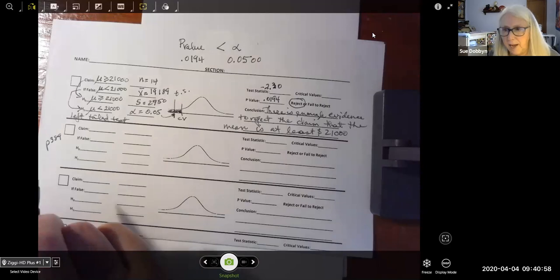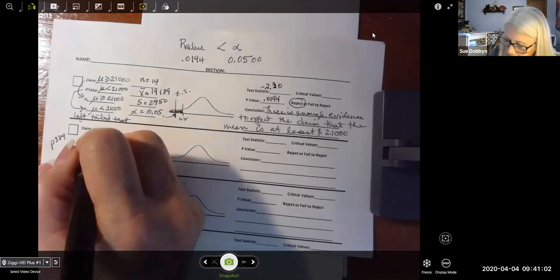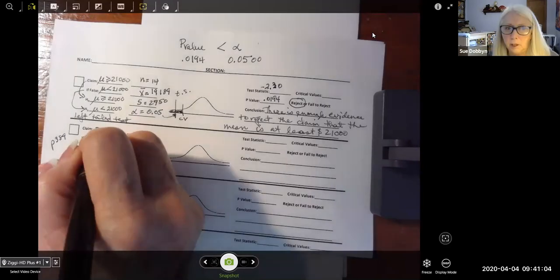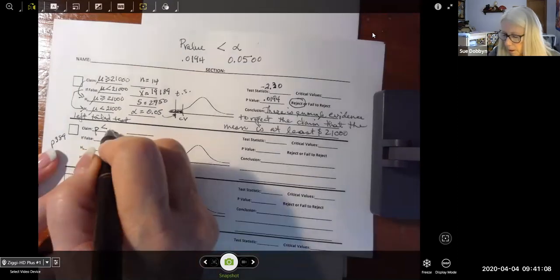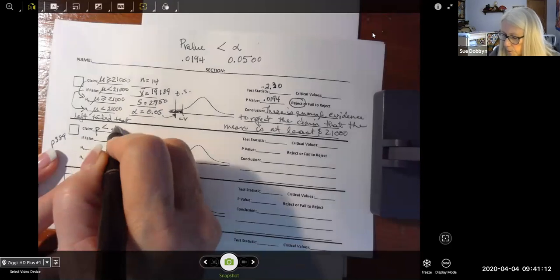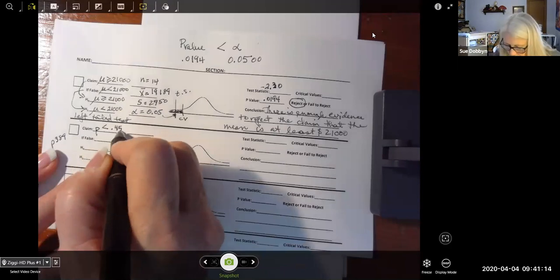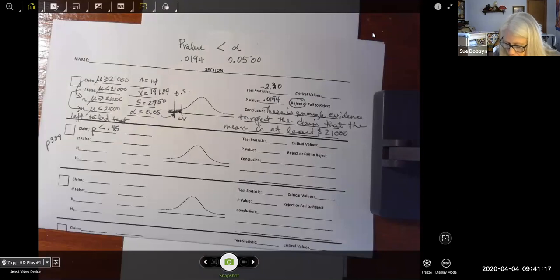So what he's claiming is a proportion, so the symbol is p, is less than 45%. Normally we will change this to a decimal number in writing the null hypothesis. So 45% is 0.45.